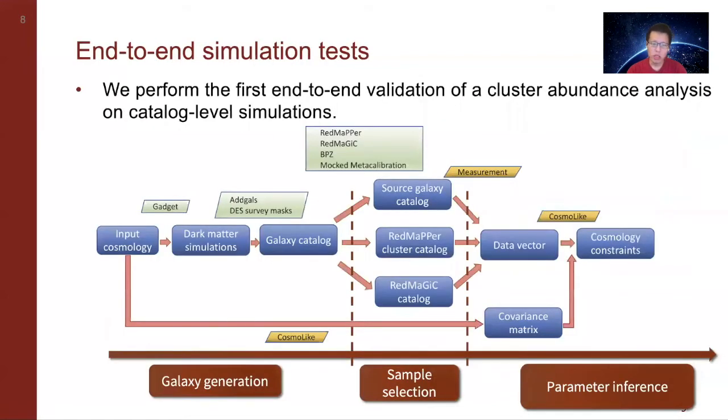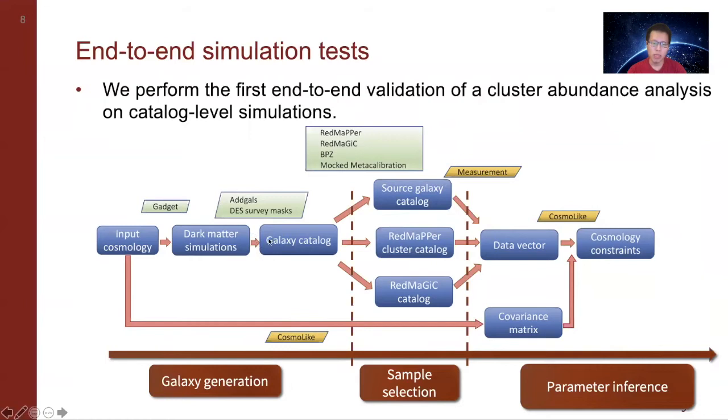All right, so this is sort of a flowchart of our analysis. In this paper, we performed the first end-to-end validation of the cluster abundance analysis on catalog-level simulations. So what we do is we first have an input cosmology. We run Gadget to get the dark matter simulations.